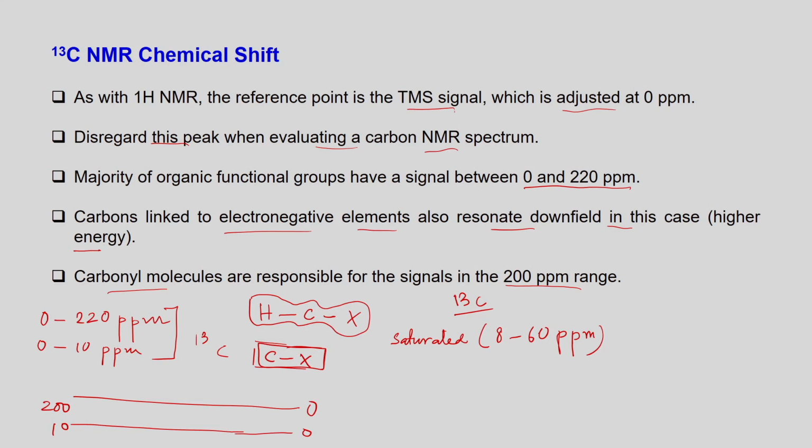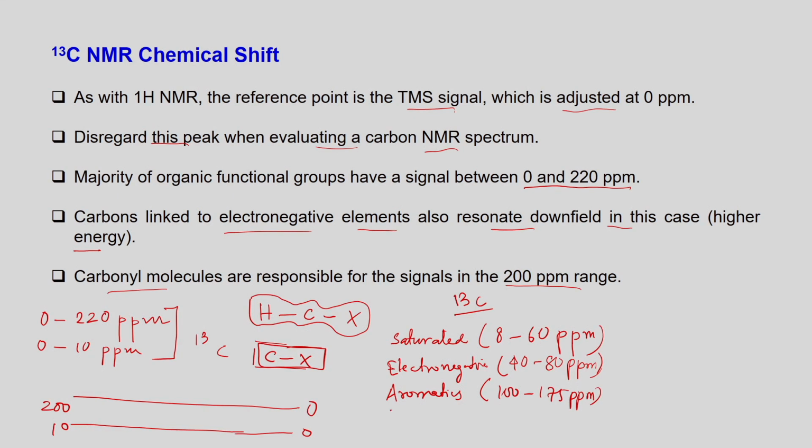Then come those where the carbon atom is connected to an electronegative atom. This will show up in the range of 40 to 80 ppm. And then you have alkenes or aromatics. These will be further downfield, around 100 to 175 ppm.